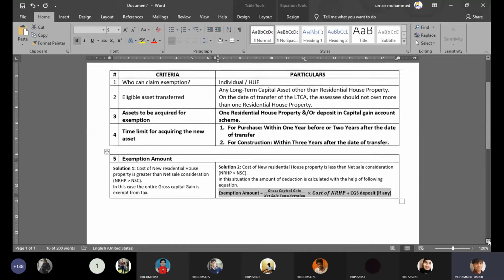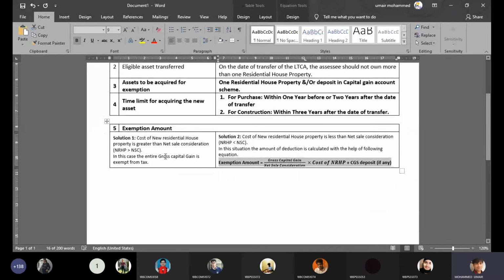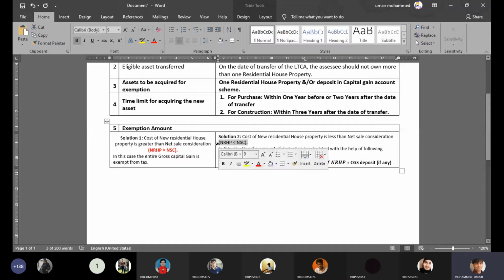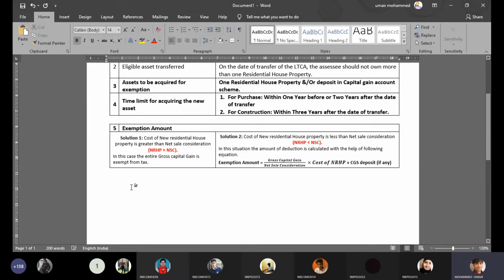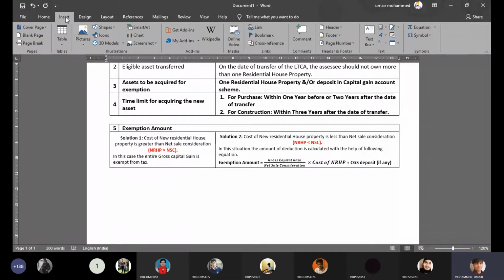Right. So how do we come to a conclusion whether to use the formula or not? The answer is by doing a comparison of this. Only by doing a comparison of new residential house property with net sale consideration, we should come to a conclusion whether we should use the formula or not. Now, just to illustrate when to use the formula, let's have two situations here.